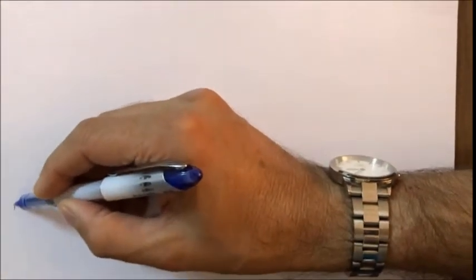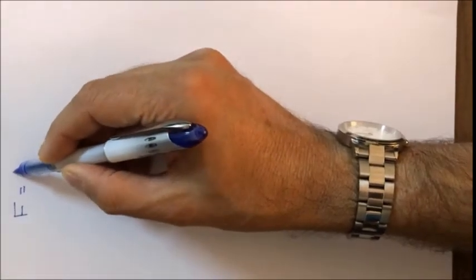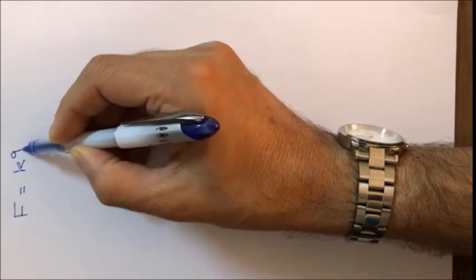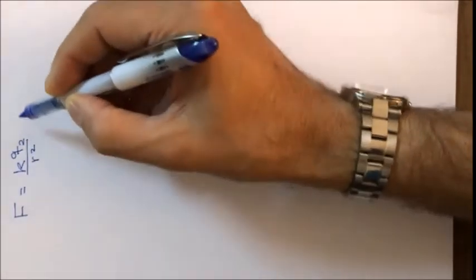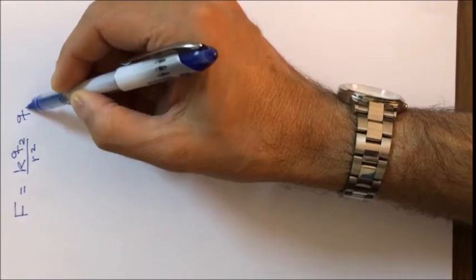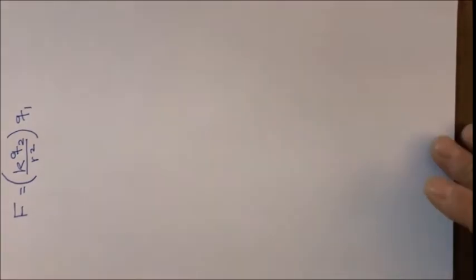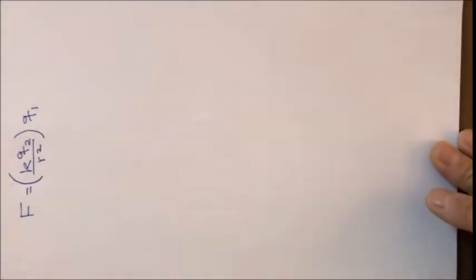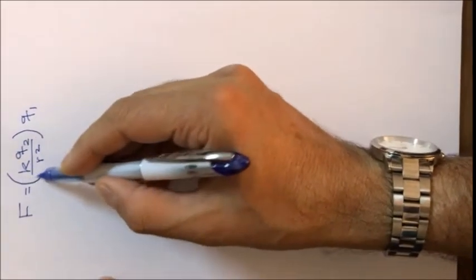We will study this relation now. F equals K Q2 over R squared times Q1. Now, in this part, this should be fixed.